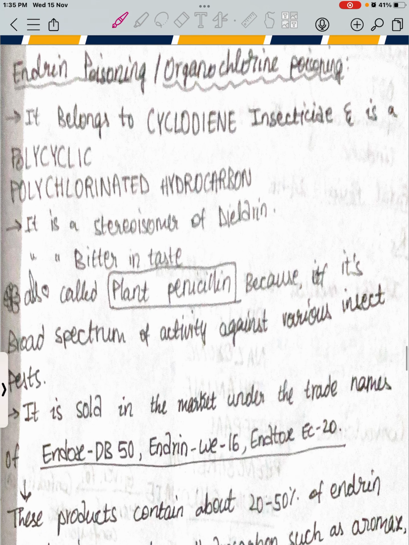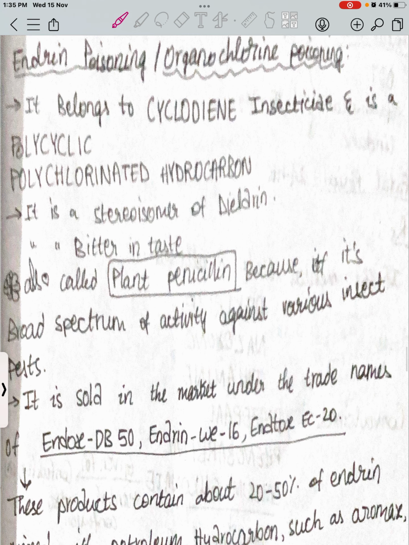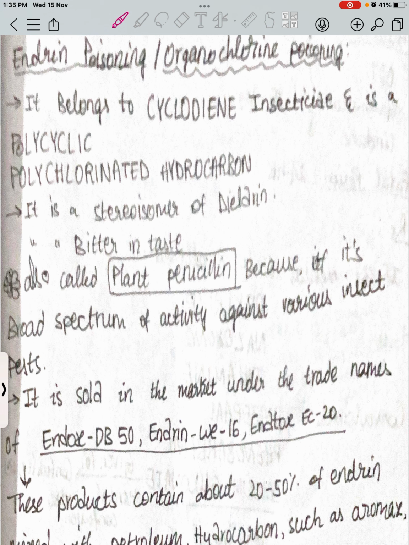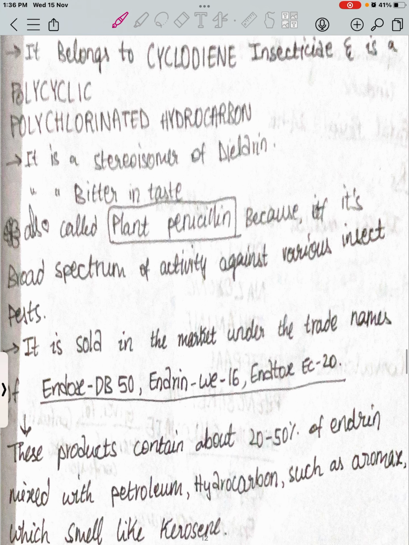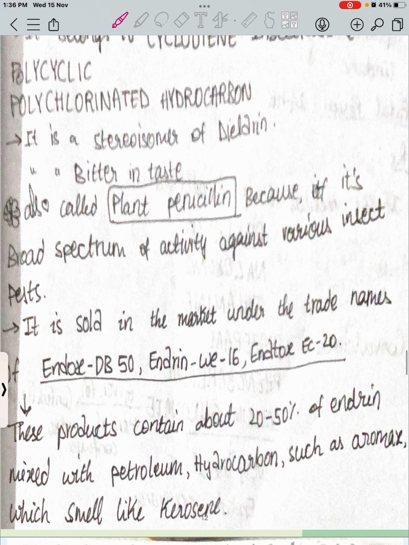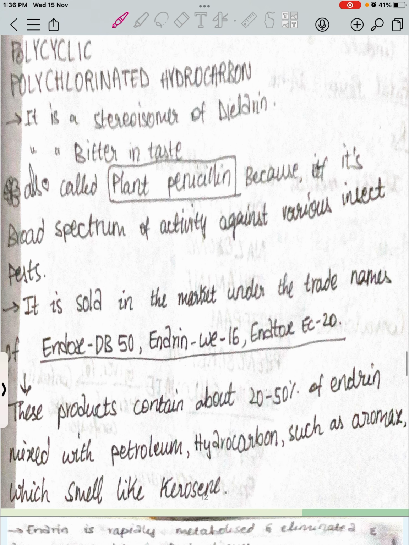Endrin poisoning, or organochlorine poisoning. It belongs to the cyclodiene insecticides and is a polycyclic polychlorinated hydrocarbon. It is a stereoisomer of dieldrin. It is bitter in taste. It is also called plant penicillin because of its broad spectrum of activity against various insect pests.